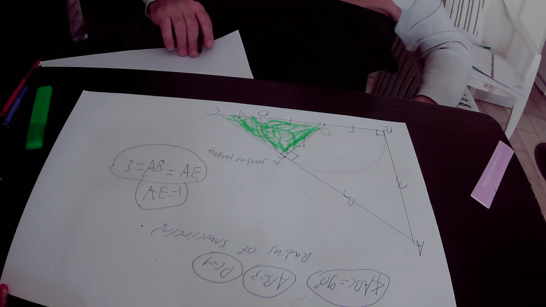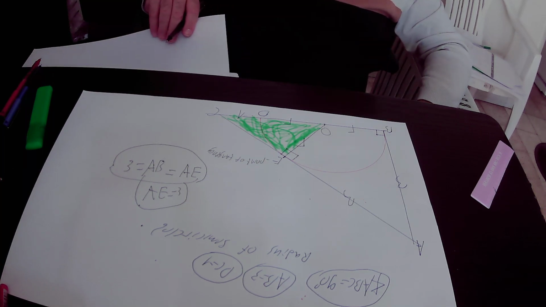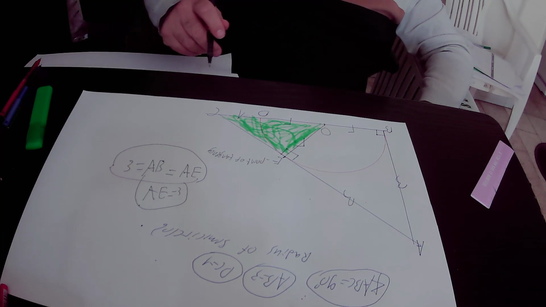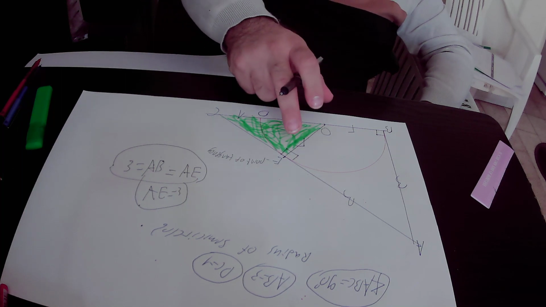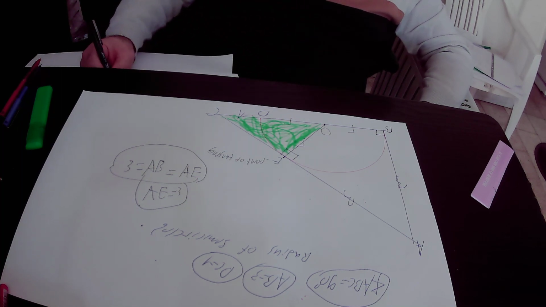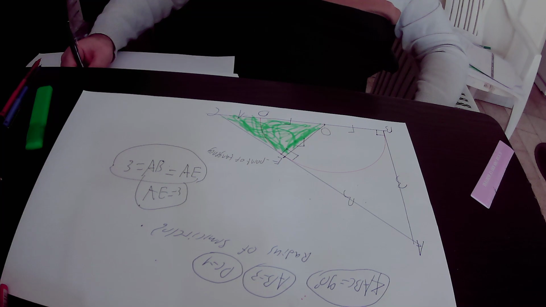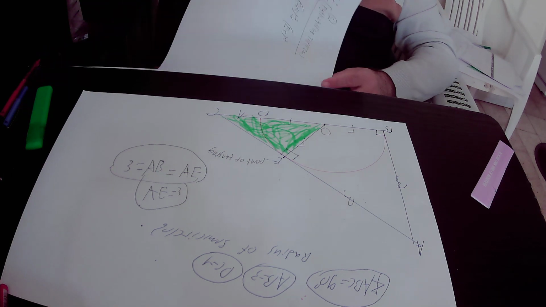So OC is the hypotenuse of the green triangle. So the square of the hypotenuse is OC squared. And according to the Pythagoras theorem, the square of the hypotenuse equals the sum of the squares of the perpendiculars. That is to say, OC squared equals OE squared plus EC squared. I'll repeat again.